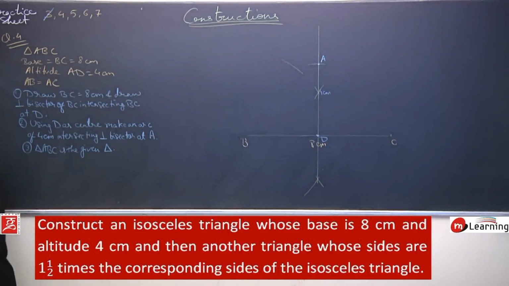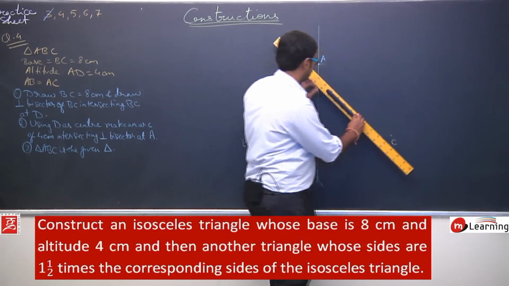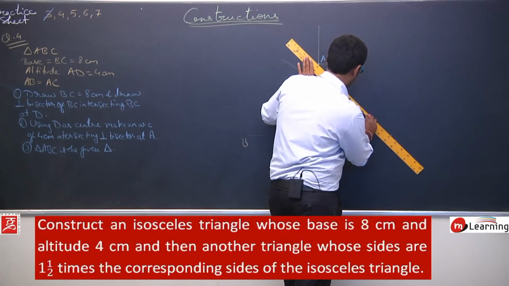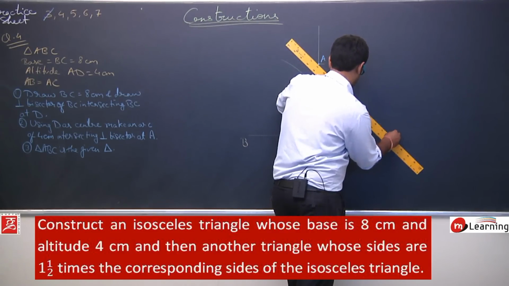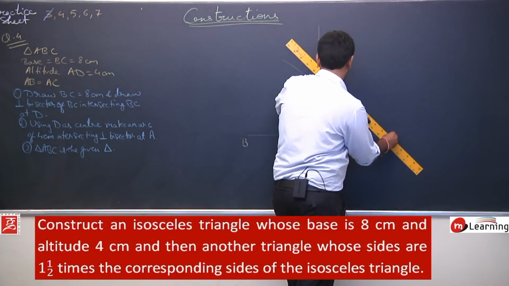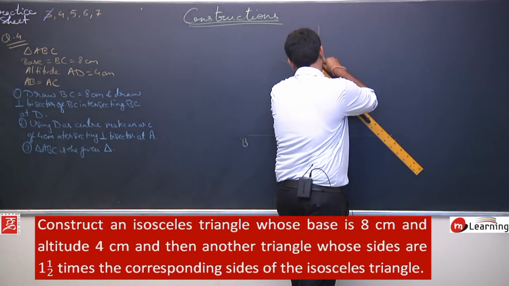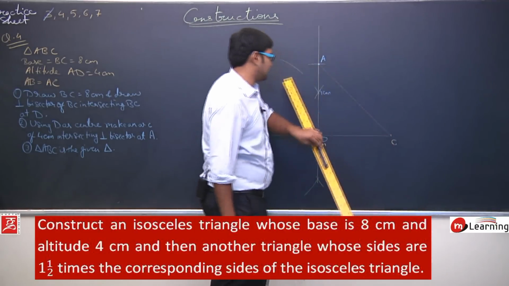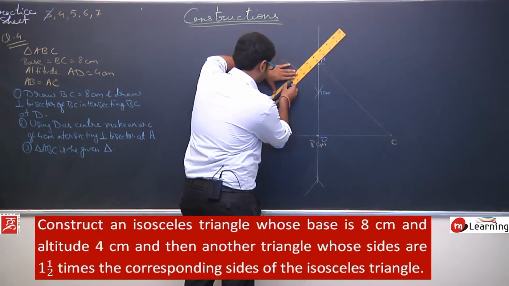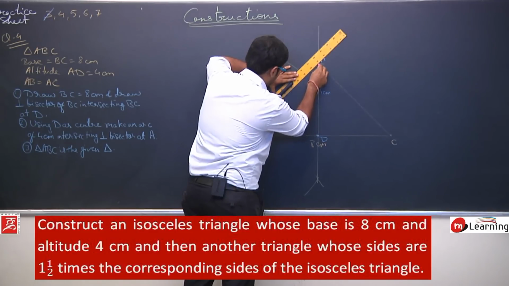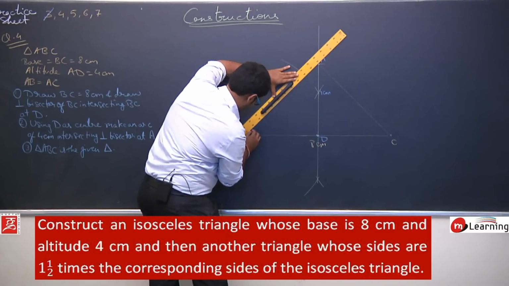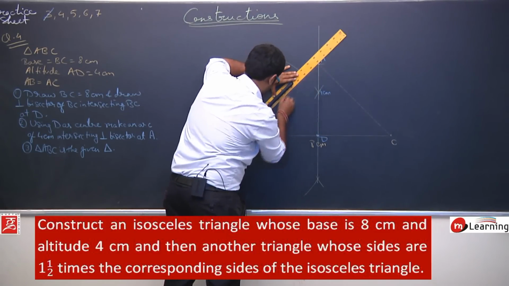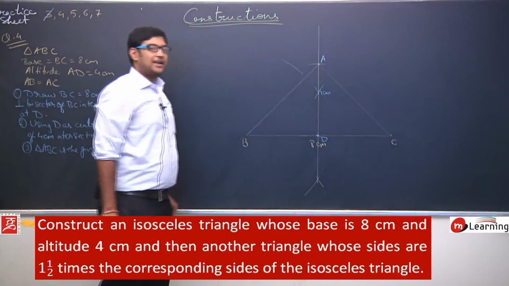So if I join this A and C point, this AC, and if I join this A and B point, I will get the triangle ABC.